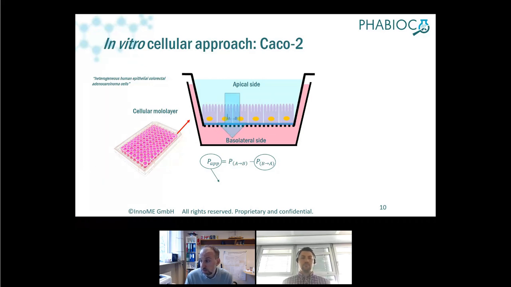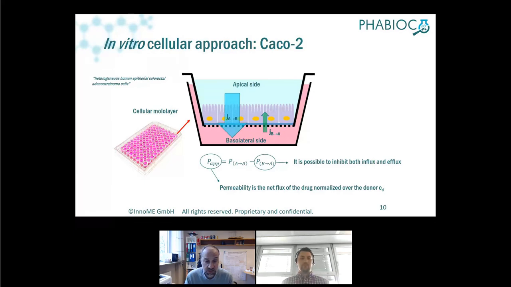We also have the possibility to inhibit the efflux pumps that are present on the cells, so we can account precisely for the influx and the efflux of the drug. This is relevant if we have a drug that is a substrate for P-glycoprotein and other transporters, which is not often the case.